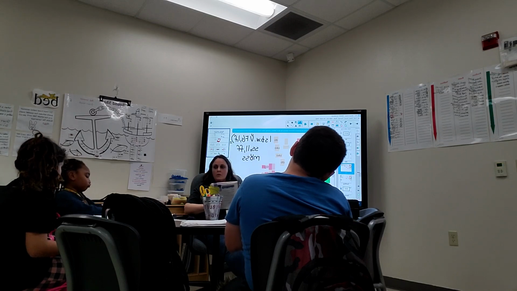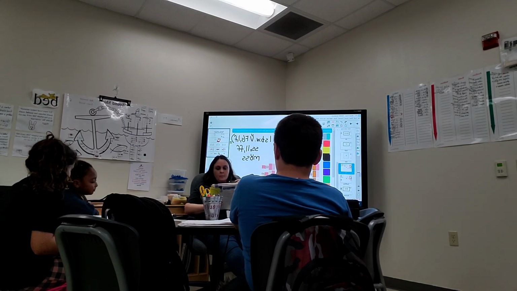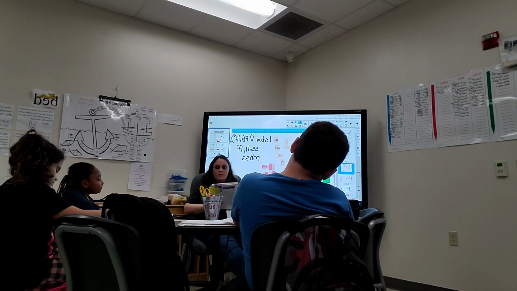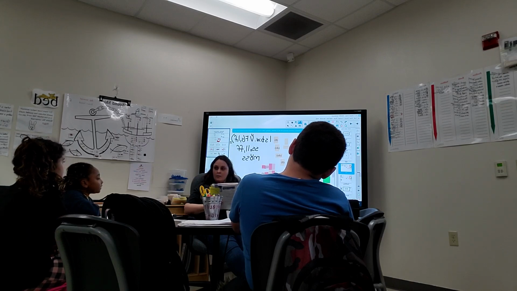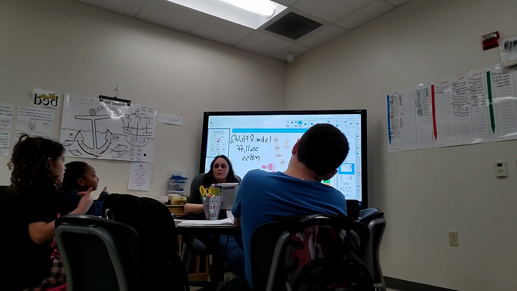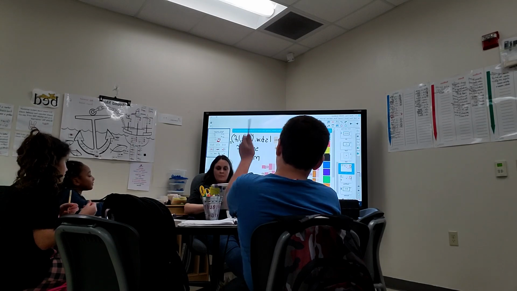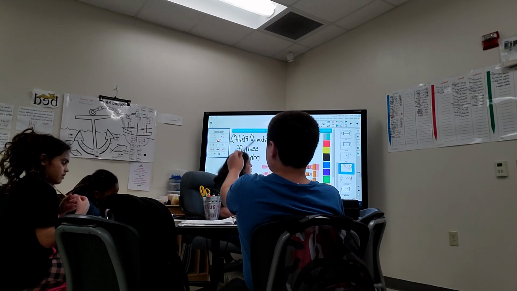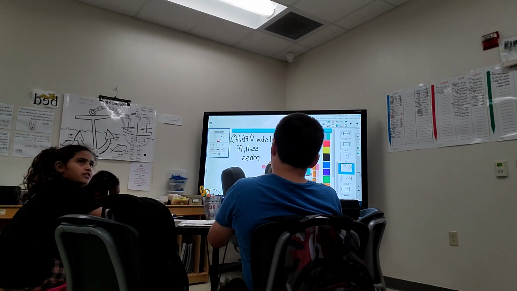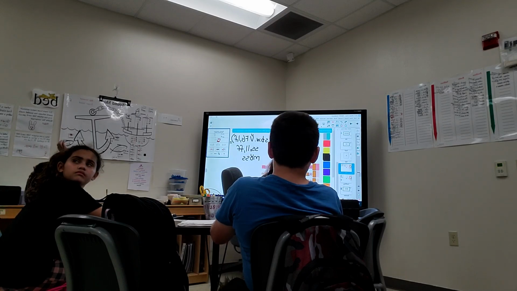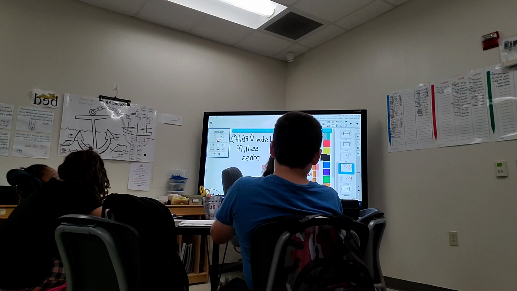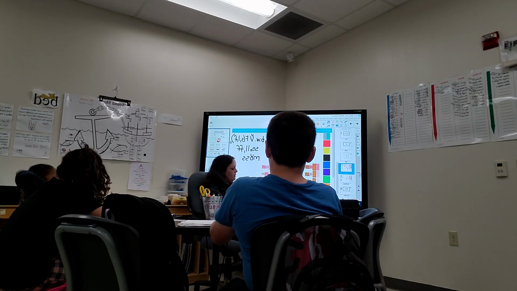Okay, we're going to do another one. All right, this word is going to be glass. Echo. Glass. Unblend. Glass. So how are we going to spell it?